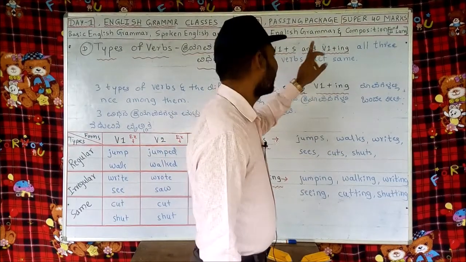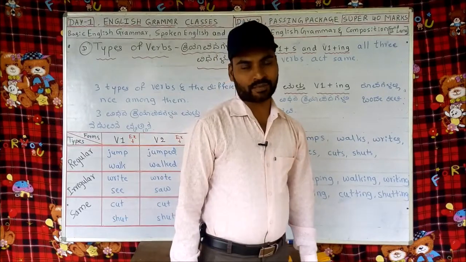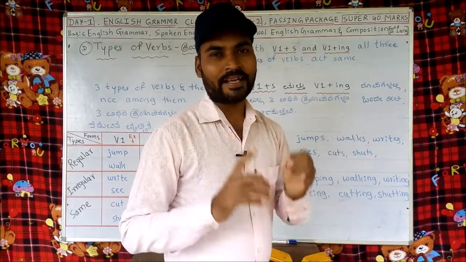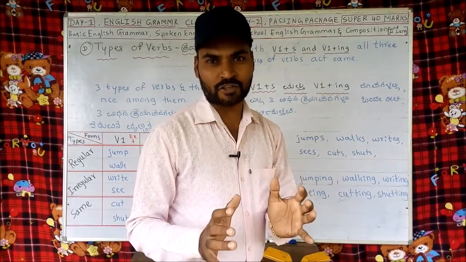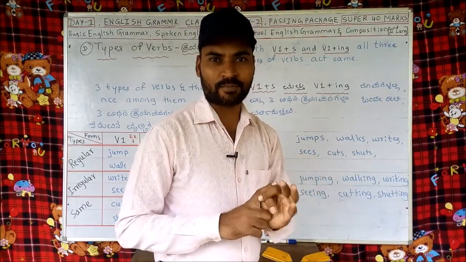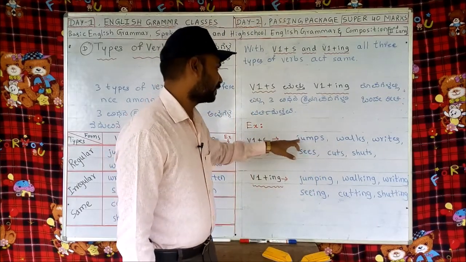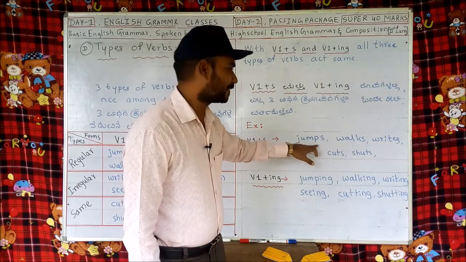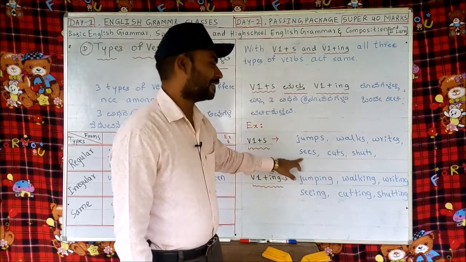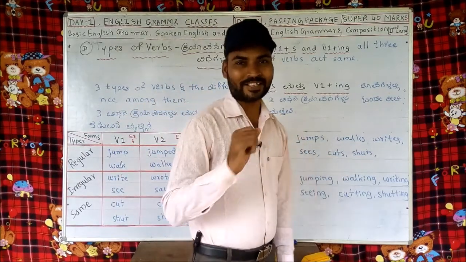With V1 plus S and V1 plus ing, all three types of verbs act the same. It may be regular, it may be irregular, it may be the same kind of verb. See here, examples. V1 plus S: jump has become jumps, walk has become walks, write has become writes, see has become sees, cut has become cuts, shut has become shuts.